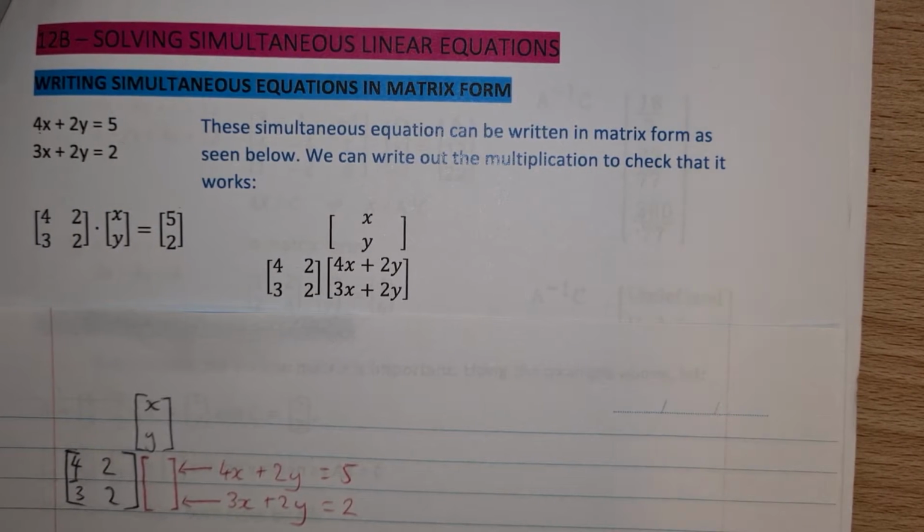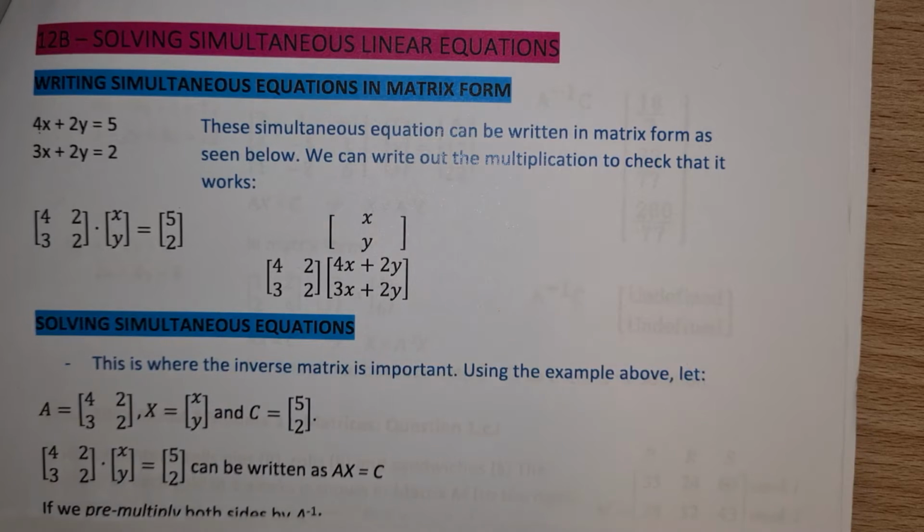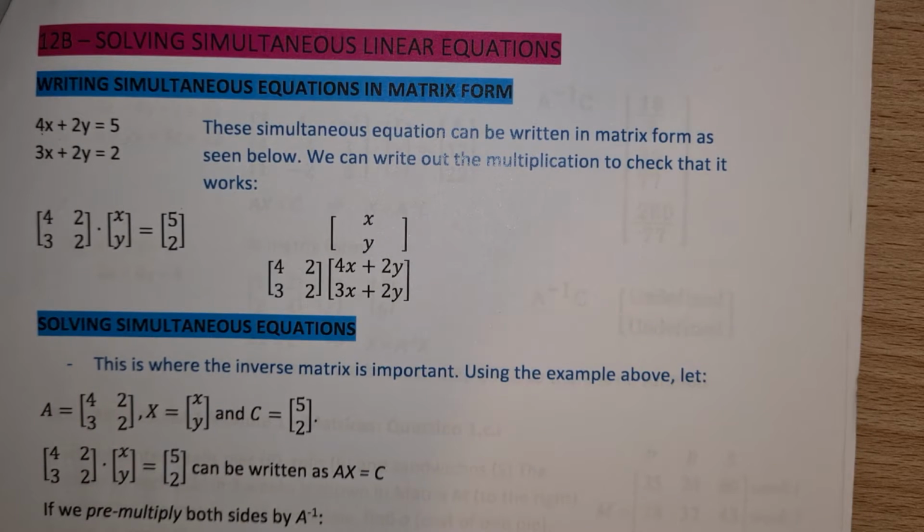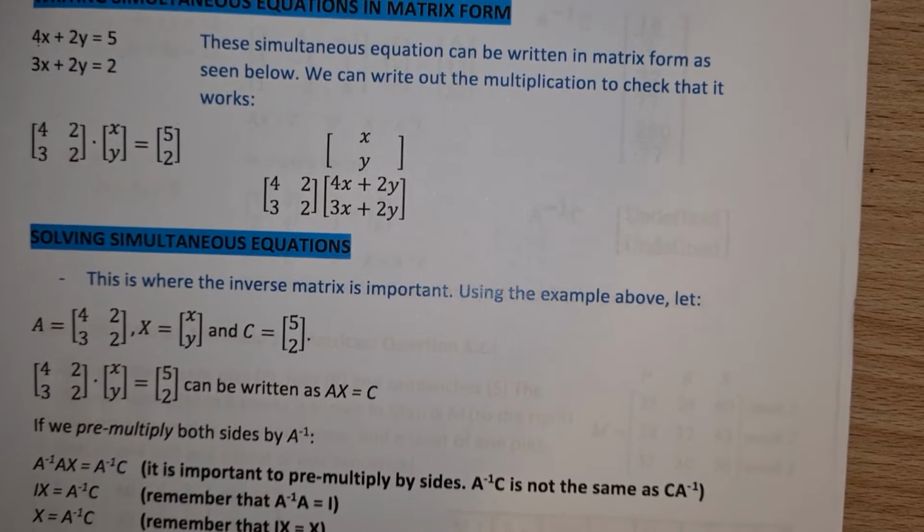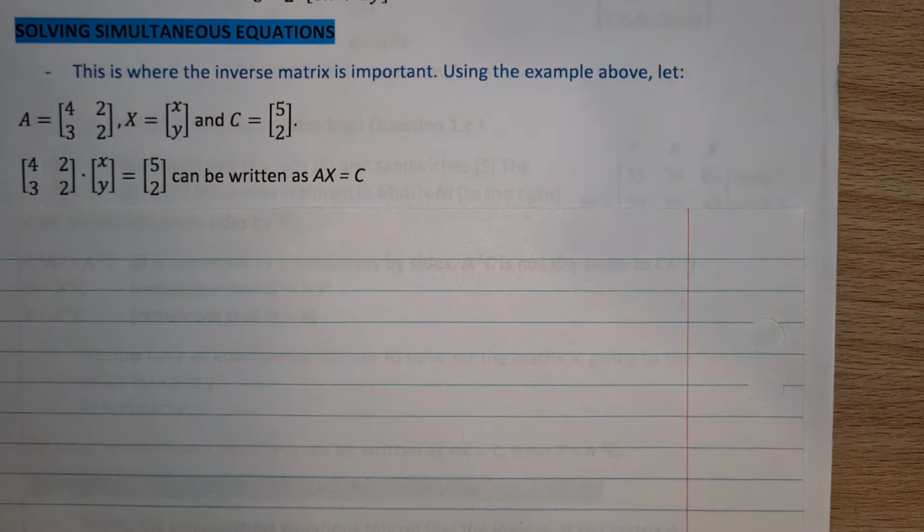So now that we know how to actually write the linear equations in matrix form, we also want to look at how to solve them. When we're solving linear equations, this is where the inverse matrix does become very important.